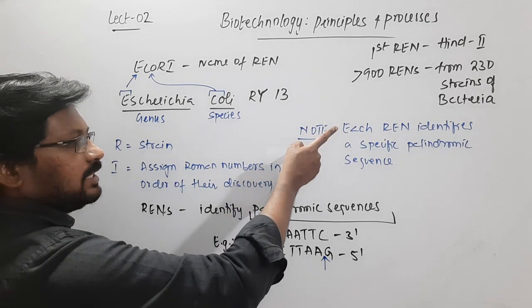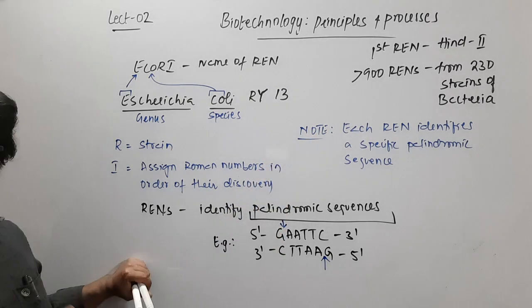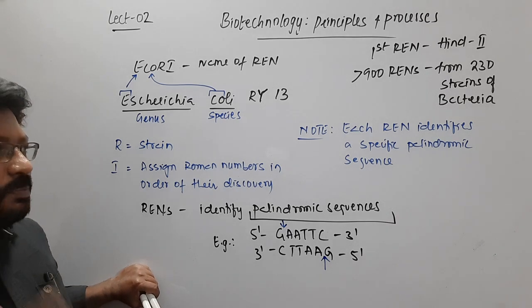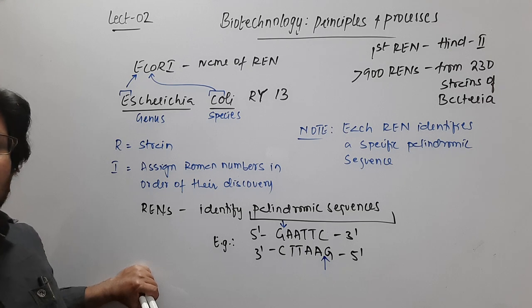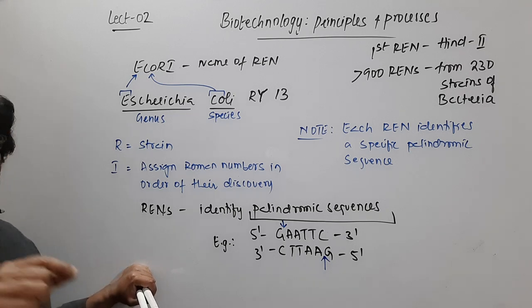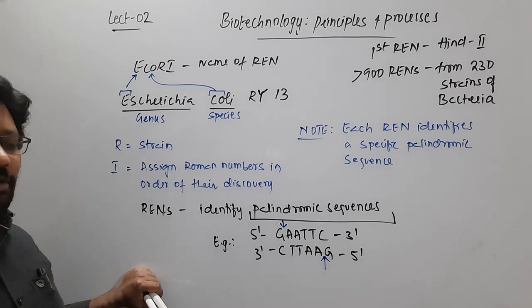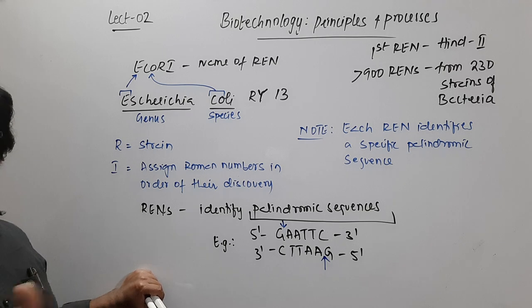So each restriction endonuclease identifies a specific palindromic sequence. Every restriction endonuclease has its own particular palindromic sequence. It will identify only that sequence, and if it is present, it will recognize and cut accordingly.